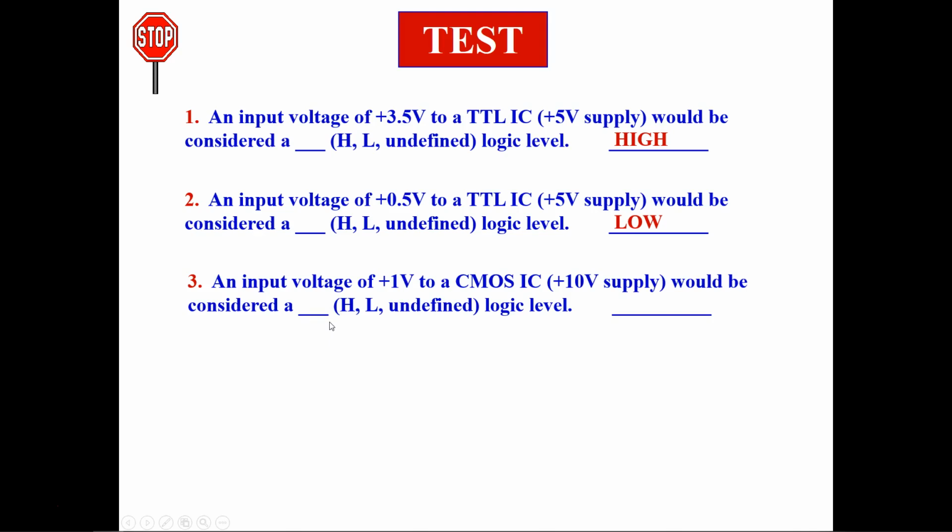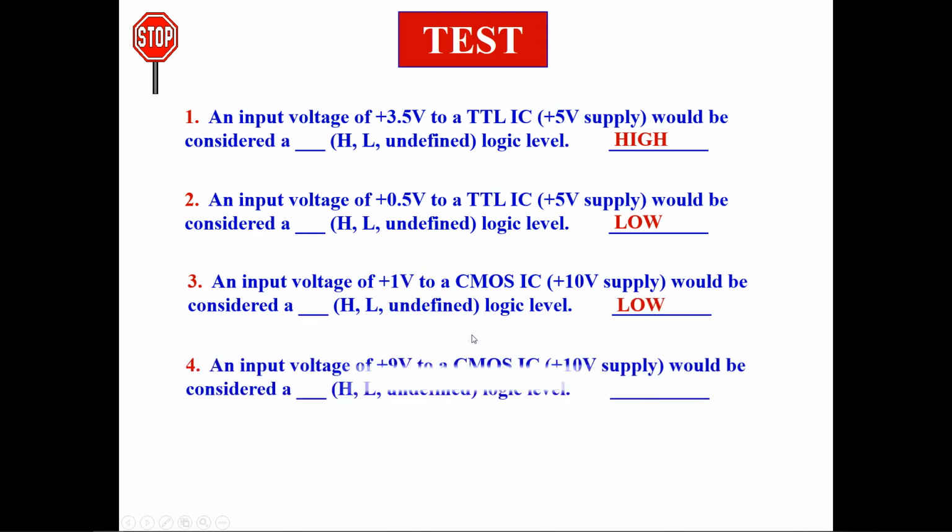Here we are talking about 1 volt, and you remember the range for a CMOS for the lower range was 0 volts to 1.5 volts, and the higher range was 3.5 volts to 5 volts. So this input voltage of positive 1 volt is going to be low level.